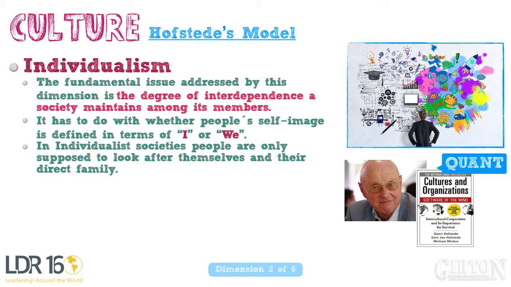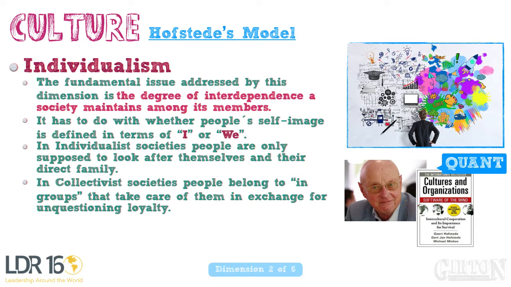And so high individualistic countries only look after themselves and their direct family, whereas the lower the individualism is, that concept of myself is more broad. And so my family is considered to be a bigger group of people than what an individualistic might say.